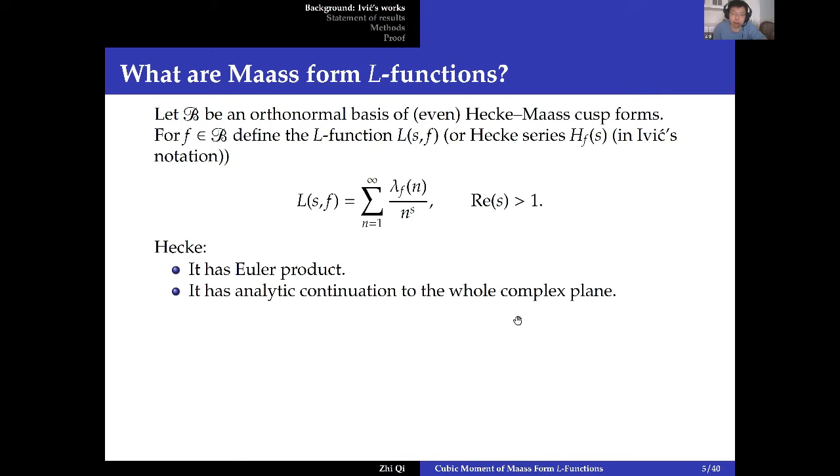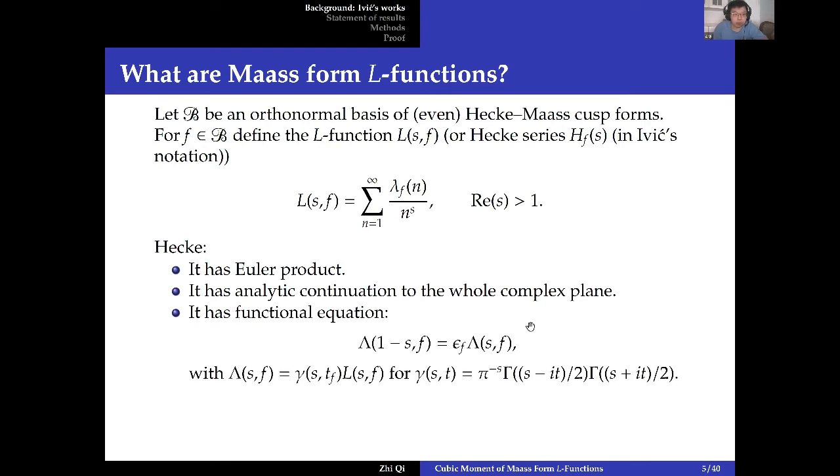We know that it has an Euler product, and these are all due to Hecke, at least in the holomorphic case. And we also have this functional equation.